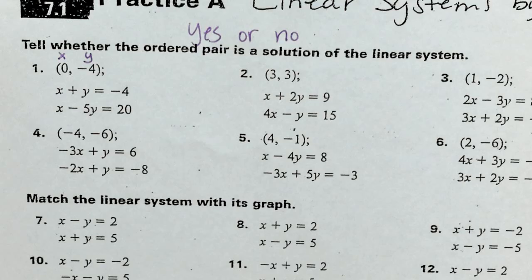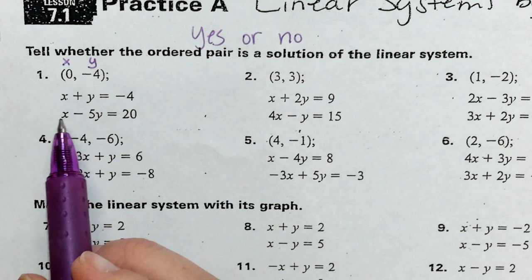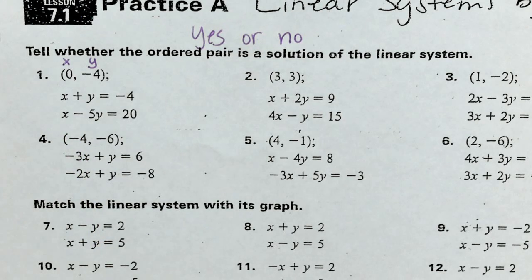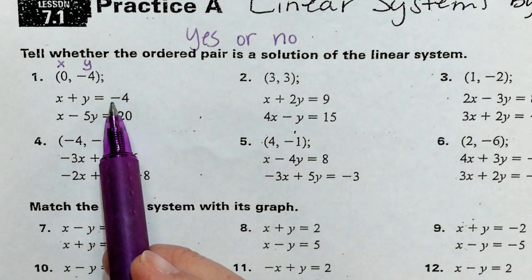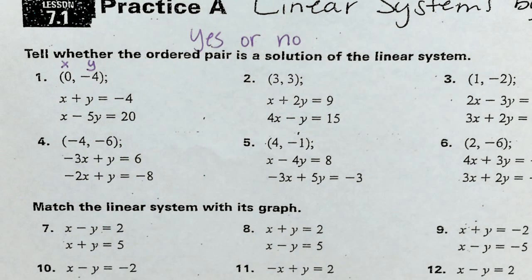And it must satisfy this equation and this equation. If there's one no, then your answer is no. So if you get a no on the first part, then you just need to stop and put no. If you get a yes on this one, then you also have to check this one and make sure it's also a yes, and then your answer would be yes.